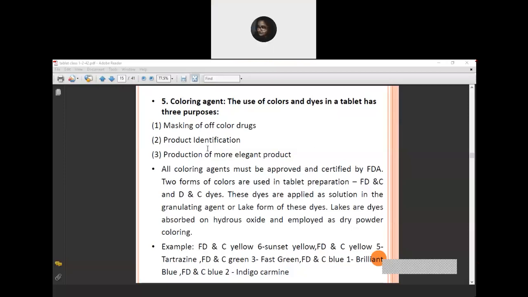When you buy any color packet, you can see that it is approved by FDA, because these are synthetic colors. Some synthetic colors may be harmful for our body.